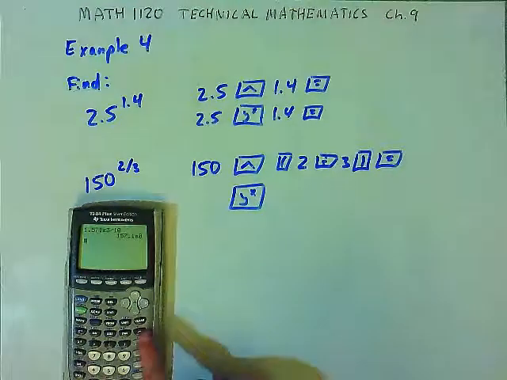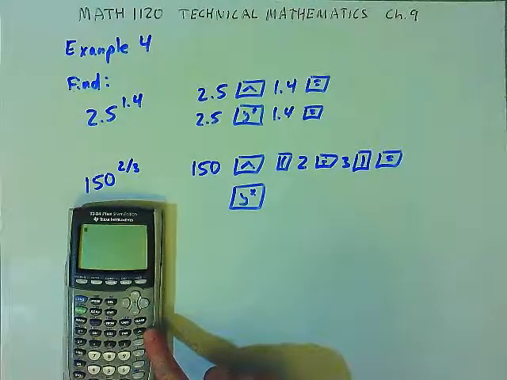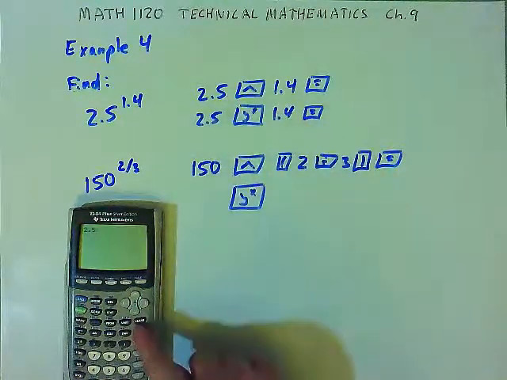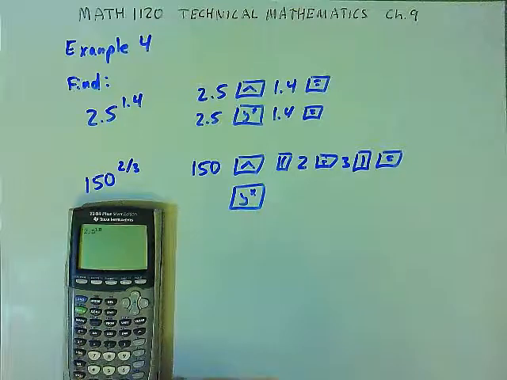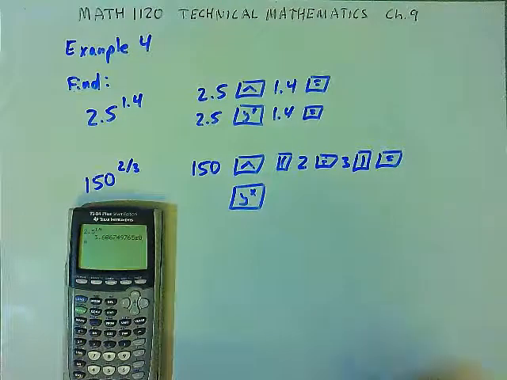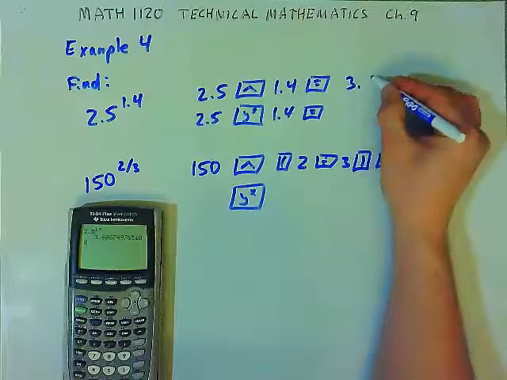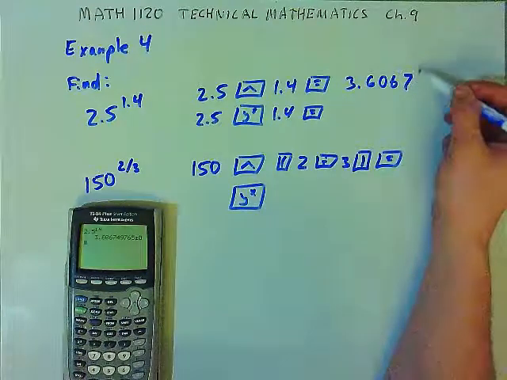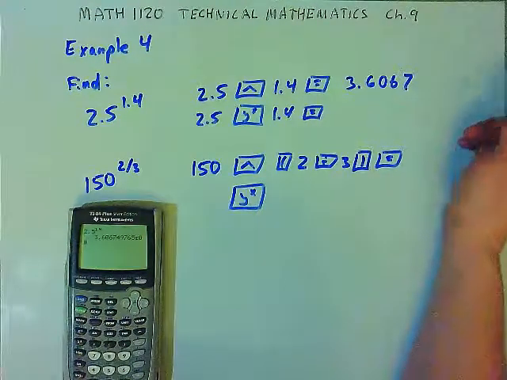My calculator has a caret button for exponentiation. And so I'm going to type in 2.5, right? My caret button, 1.4, and I'll press equals. And you can see I got 2.5 to the 1.4 power, and the answer is 3.6067, and I'll round it off there. That's good enough. It goes on though, 49765.